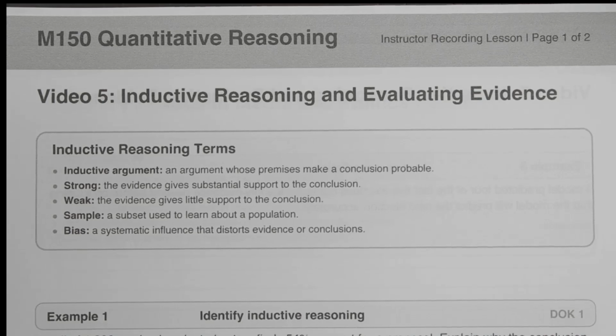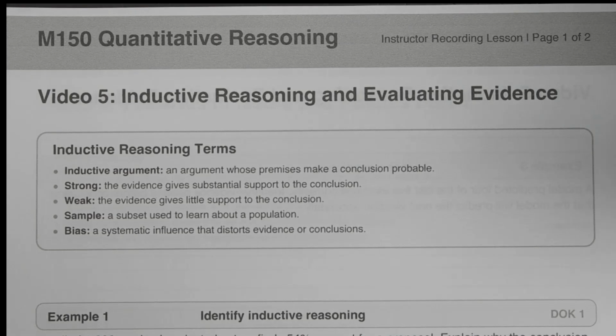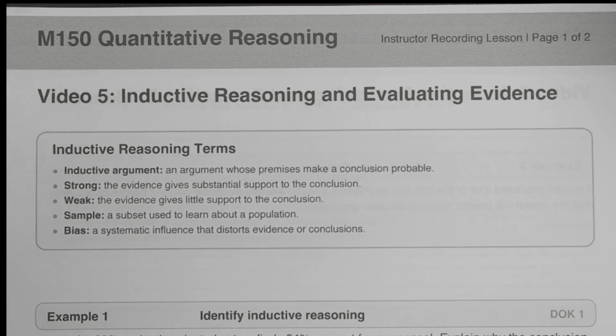In the previous video, we studied deductive reasoning with a valid deductive argument. True premises essentially guarantee the conclusion. Again, if you have a valid deductive argument, true premises will absolutely guarantee the conclusion.